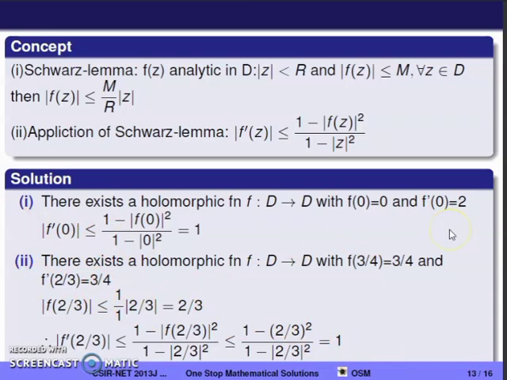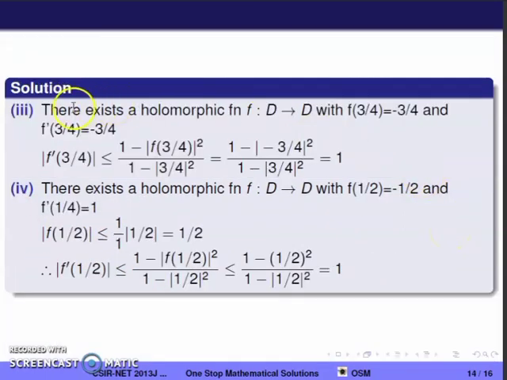Now let us check the next options. Here in the third option, you can use directly the applications of the Schwarz lemma and find it is a correct option. So option 3 is also correct. For the fourth option, first of all use the Schwarz lemma. First of all, find mod f of 1 by 2. Then substitute in the applications of the Schwarz lemma. So we'll get mod f dash of 1 by 2 less than or equal to 1.